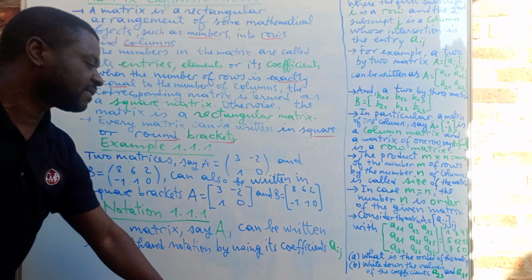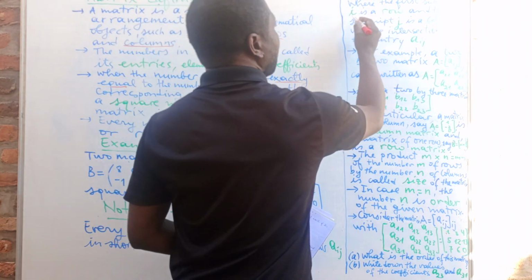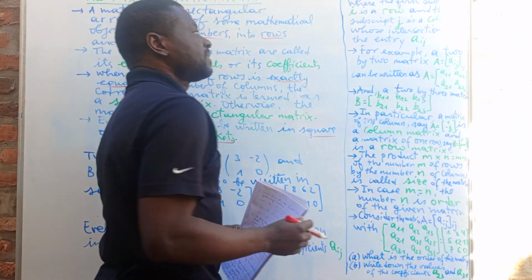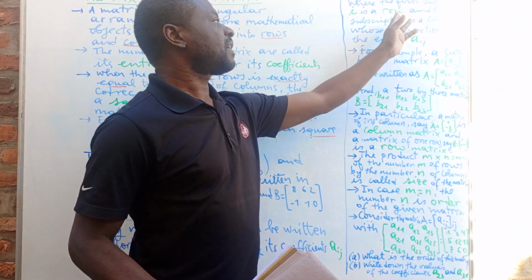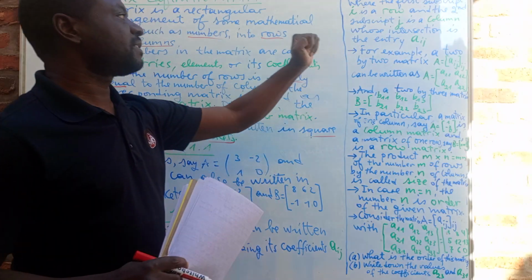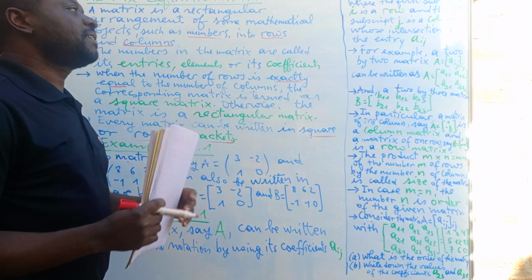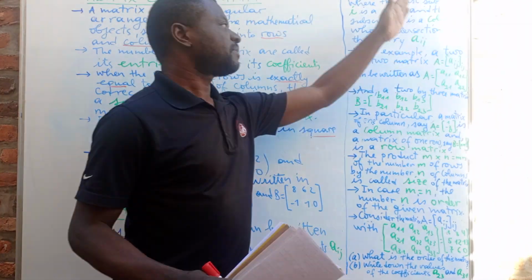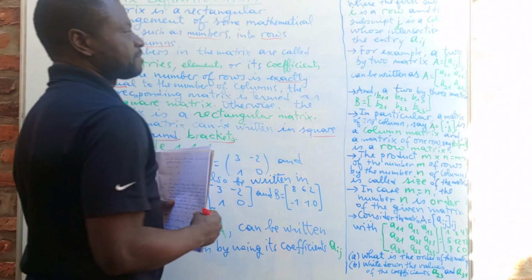Here the first subscript i indicates the row at which the coefficient is located, and the second subscript j indicates the column where the coefficient is located.